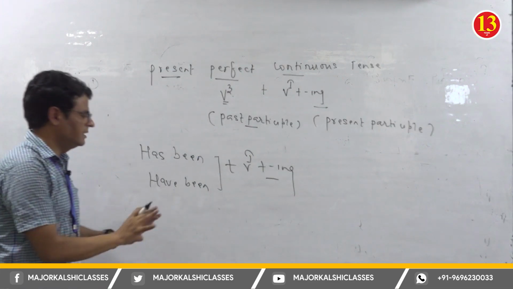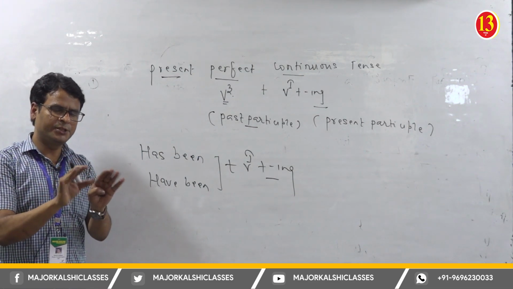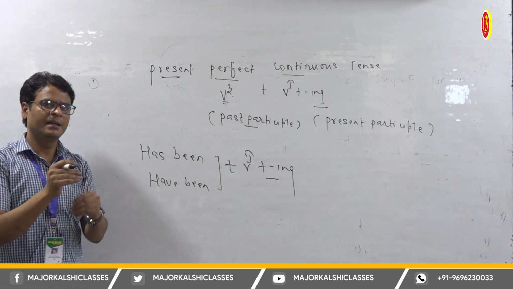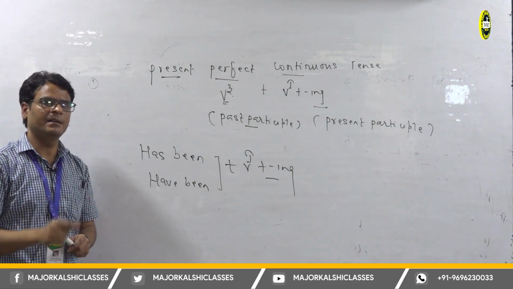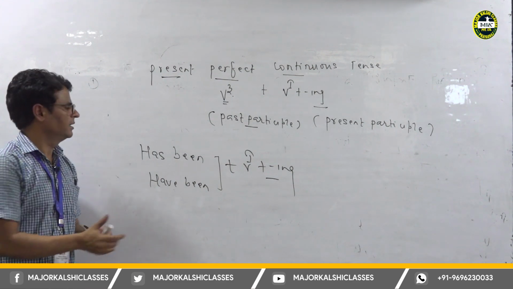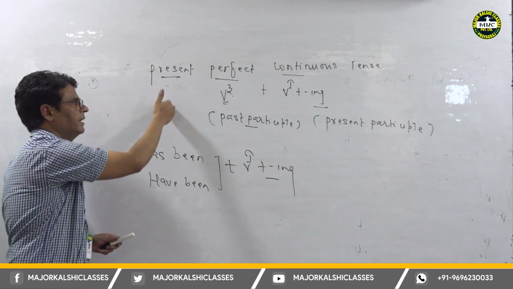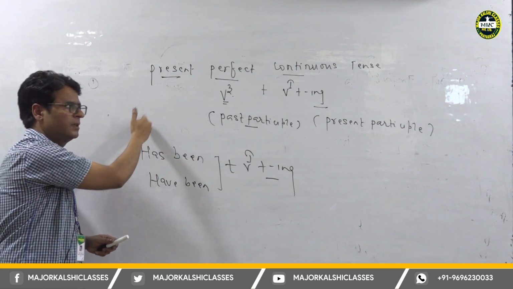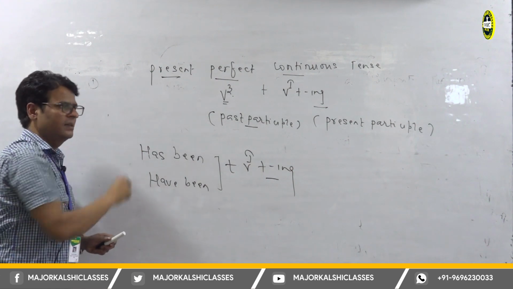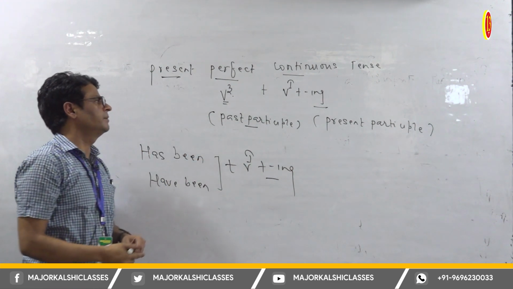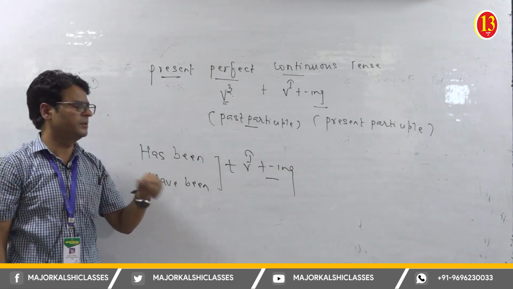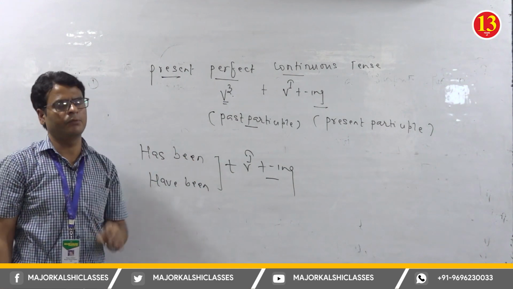Right? Has and have, as you know, these two words refer to present. And what is the past? Had. Had refers to the past. Has and have refer to present. So, present and perfect. Always remember, perfect means the third form of the verb. Been is the third form of the verb.